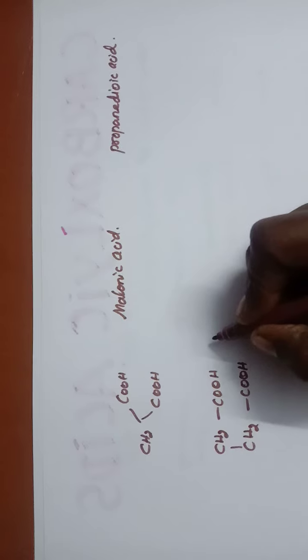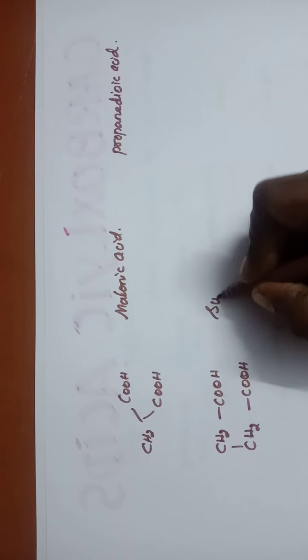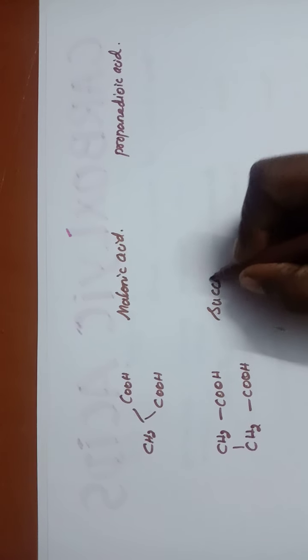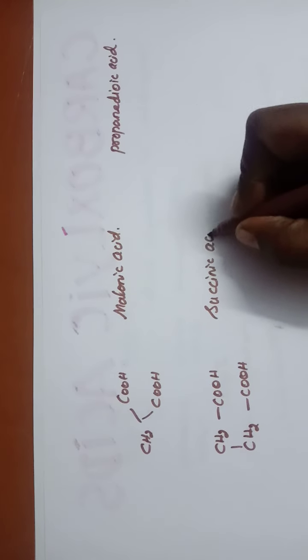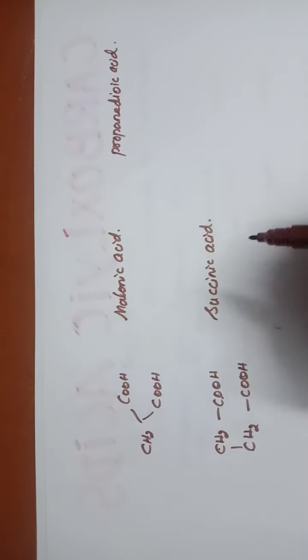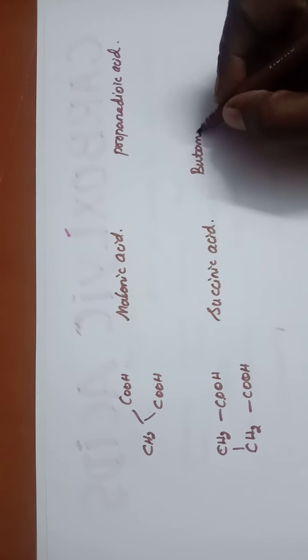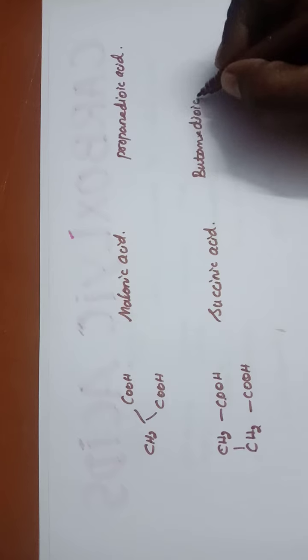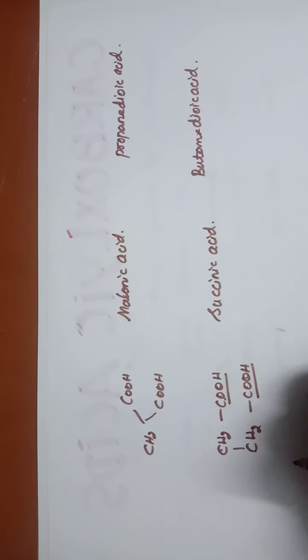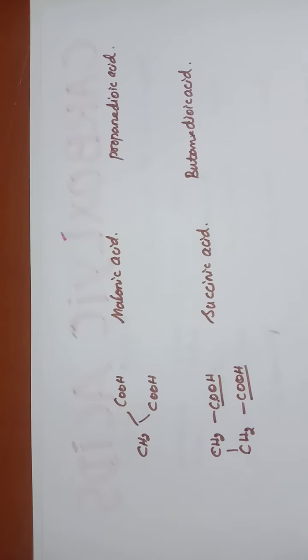Next, CH2COOH CH2COOH. Common name is succinic acid. IUPAC name: 1, 2, 3, 4 carbons are there, so butane dioic acid. Two carboxyl groups are present, so dioic acid.